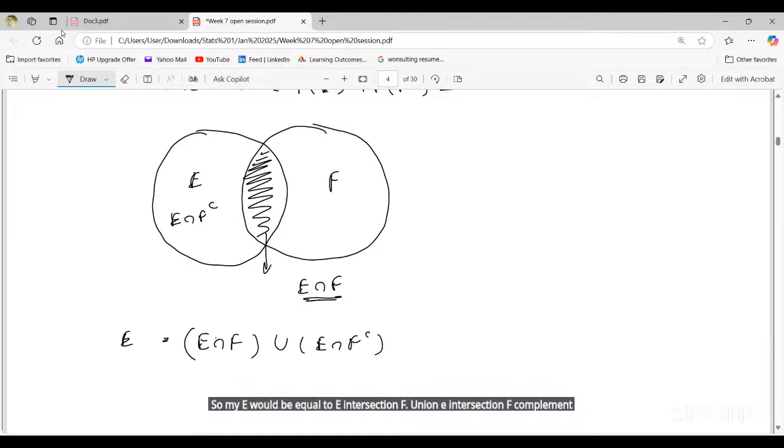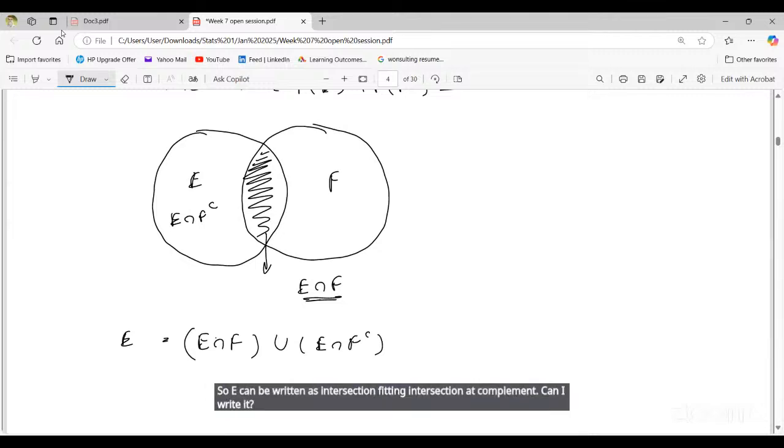So E can be written as E intersection F union E intersection F complement.